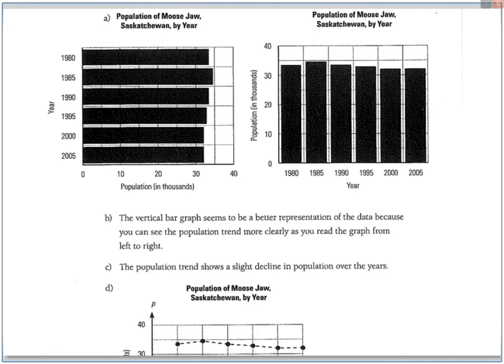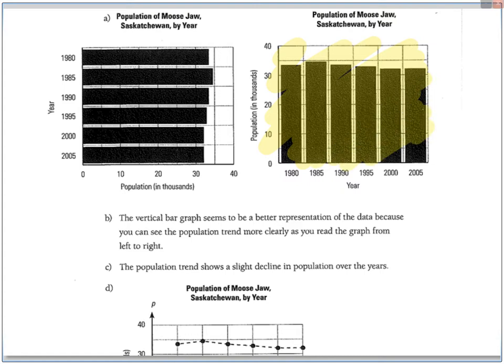To me they're identical. But my personal preference, because my whole life I've seen vertical bar graphs, I would naturally just pick the vertical bar graph because that's what I'm used to. Okay, the population trend shows a slight decline. Does it?